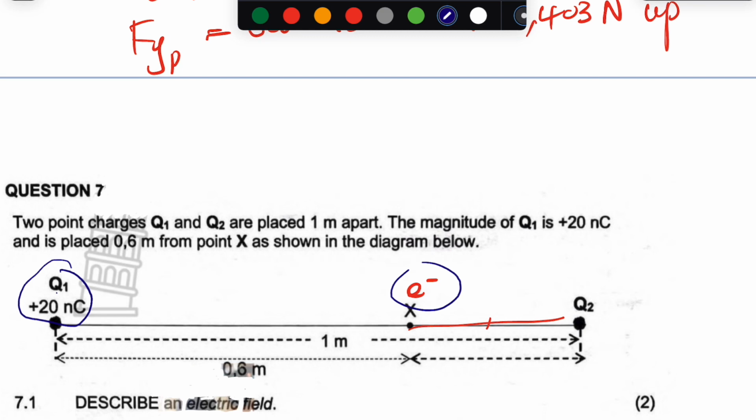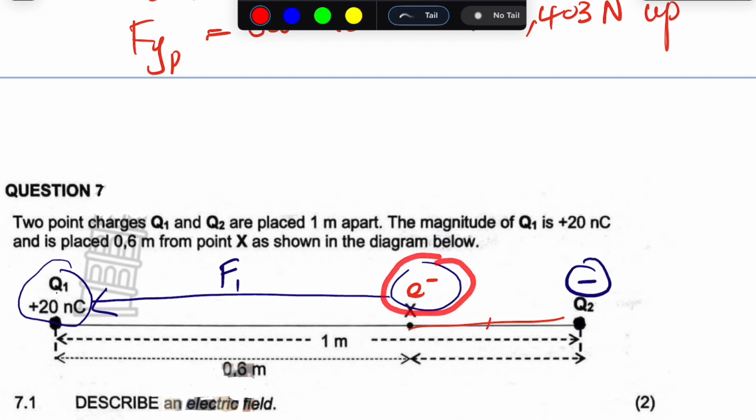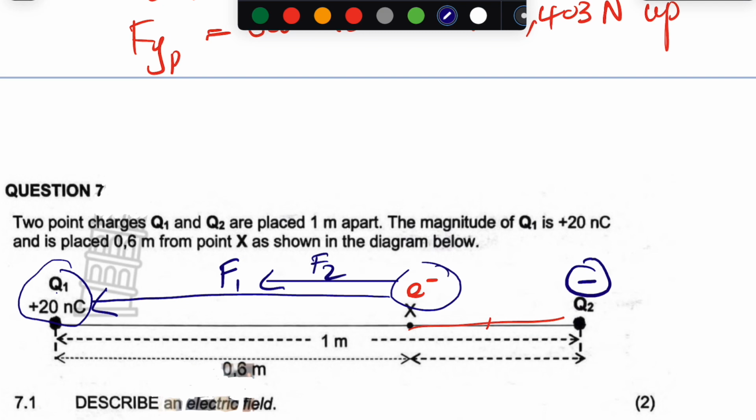This is going to attract, so the electron will experience an electrostatic force in that direction. And negative and negative will repel, so the force experienced by this electron will go in that direction. So this is F2, but of course this one is going to be bigger.